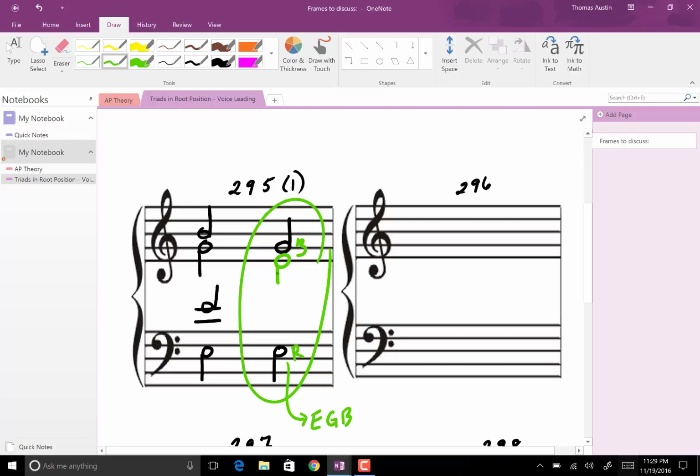Altos can sing the E, and tenors can sing the B. That is an okay interval, because that is a fourth. Anything above a fourth might constitute some reworking there of your voice parts. And check all your rules and make sure everything is good.